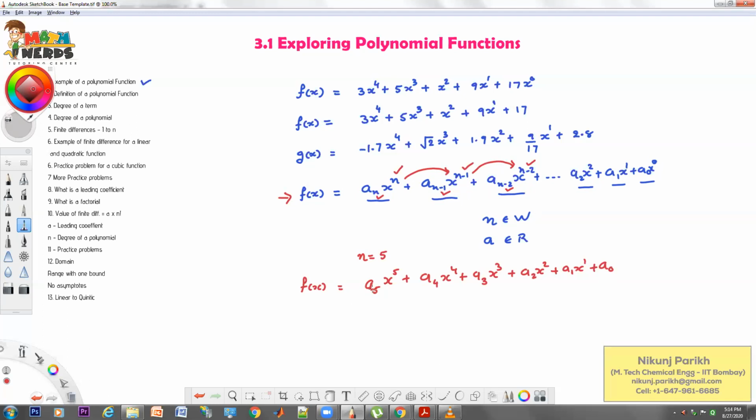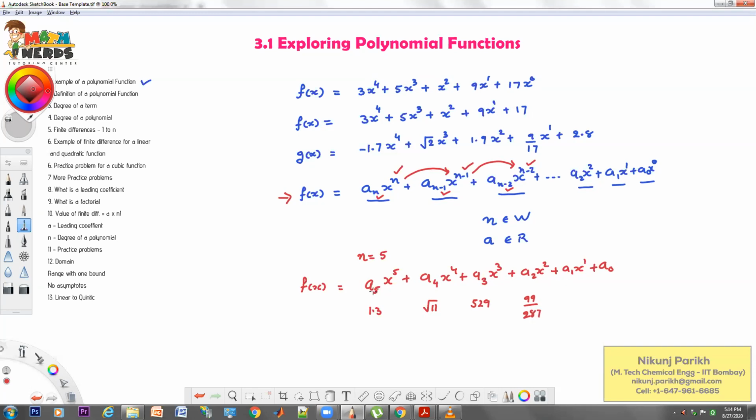But a_5 could be 1.3 and a_4 could be square root of 9, or 9 is 3, but let's go for 11. Or a_3 could be 529, or a_2 could be 99 over 287, anything, right?